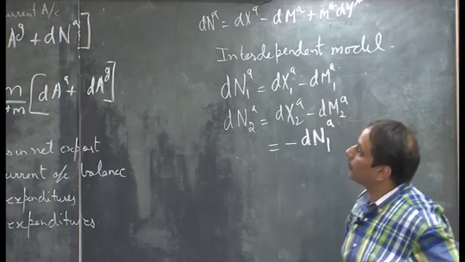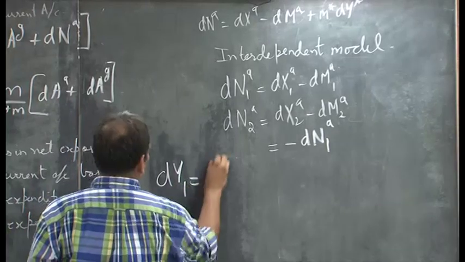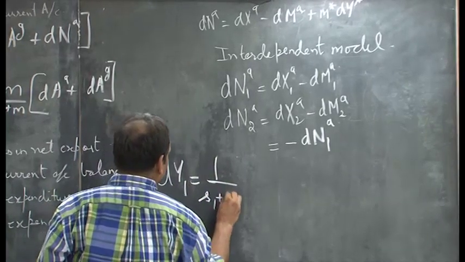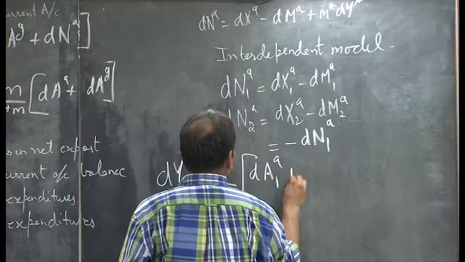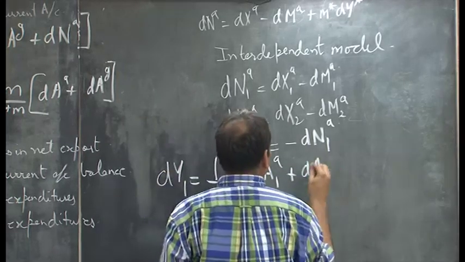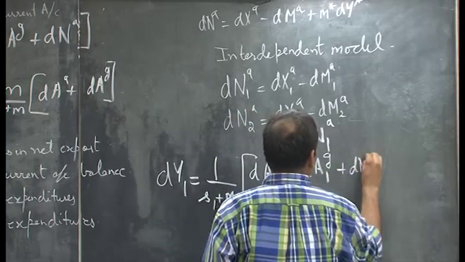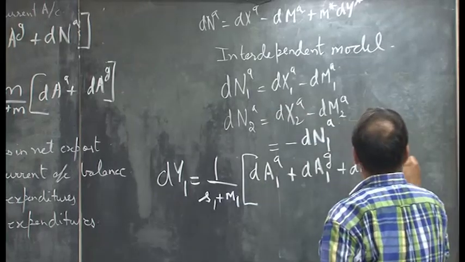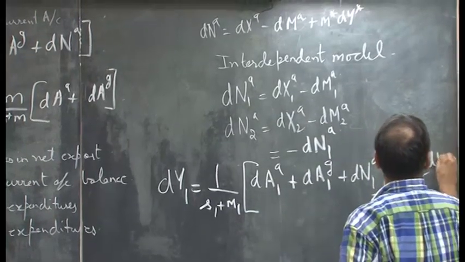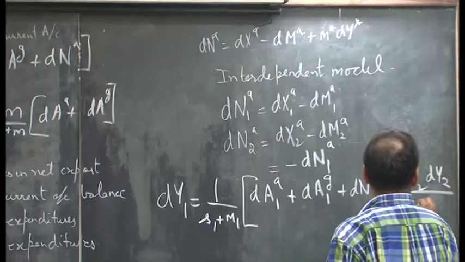So, the equations would become dy1 equals 1 upon s1 plus m1, times da1a plus da1g plus dn1a, and you would have m2 dy2 divided by s1 plus m1.